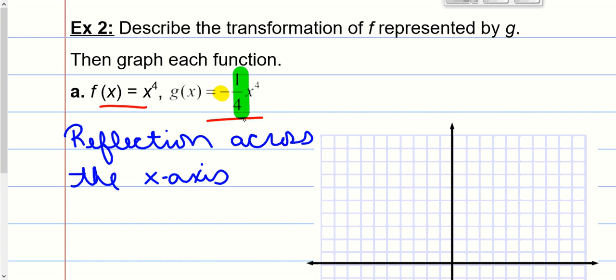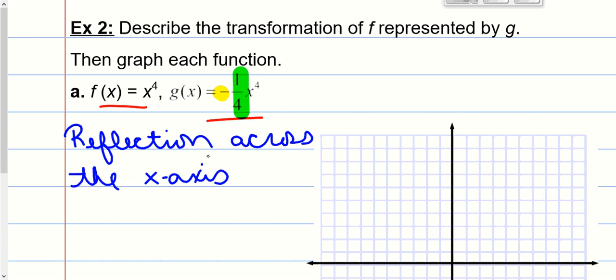And the 1/4 in the front, any number multiplied in the front, tells us that it is a vertical either stretch or shrink. 1/4 is between 0 and 1, so that is a vertical shrink.